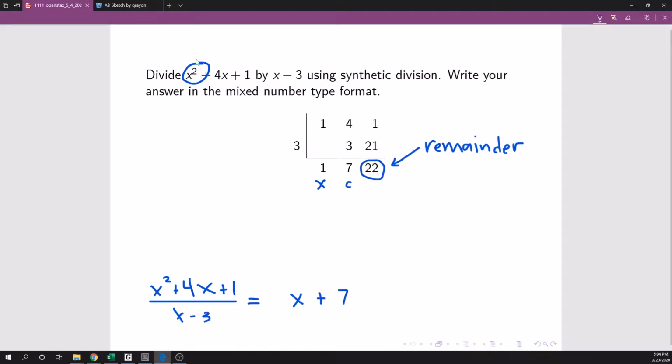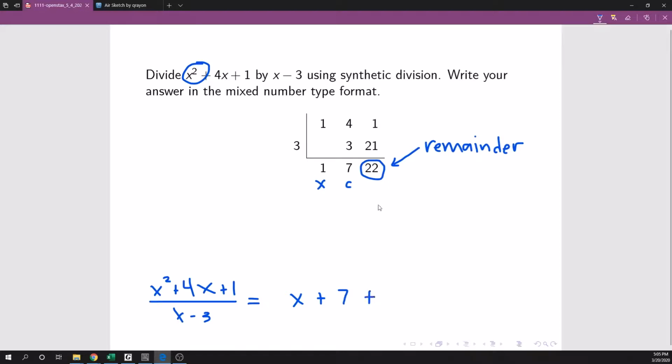Now say you were starting out with an x cubed up here, a third degree polynomial, then your answer would be a second degree polynomial, and it would be the first number times x squared plus the second number times x plus the constant term, okay? But here we have a degree 2 polynomial, so this winds up being a degree 1 polynomial.